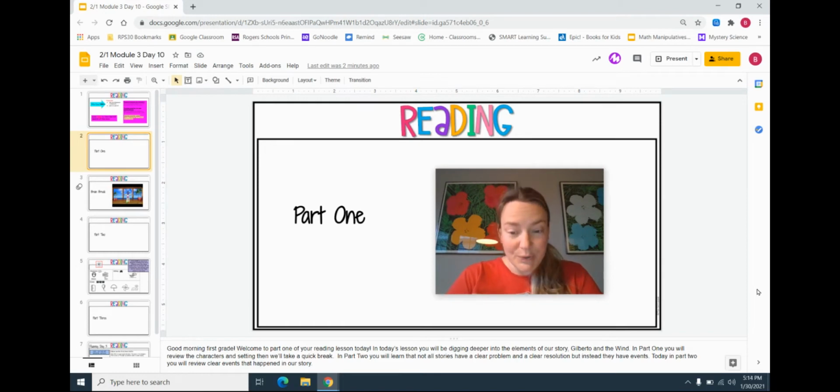In part 2, you'll come back with Miss Spears, and you will learn that not all stories have a clear problem and a clear resolution, but instead they have a series of events. Well, that is what happened in Gilberto and the Wind. There wasn't a clear problem, but instead there were many events that happen in the story.